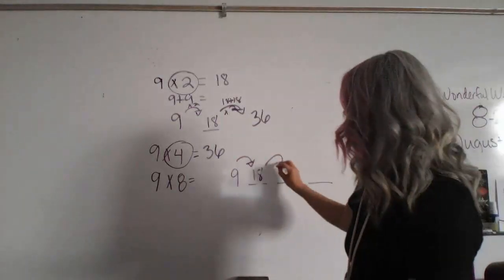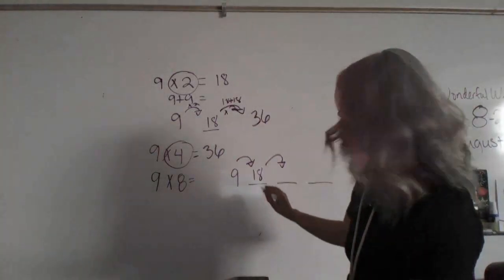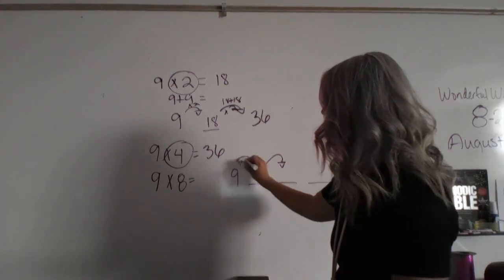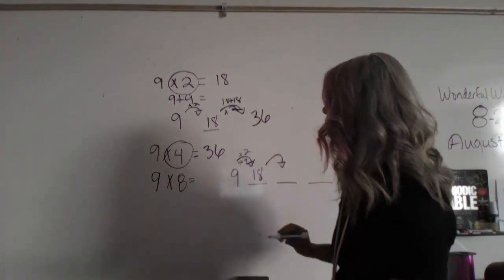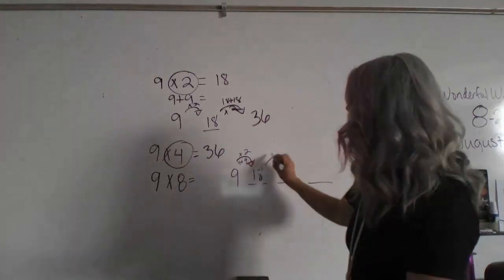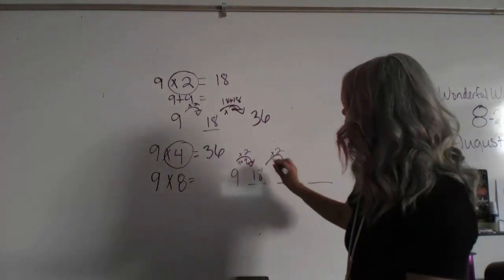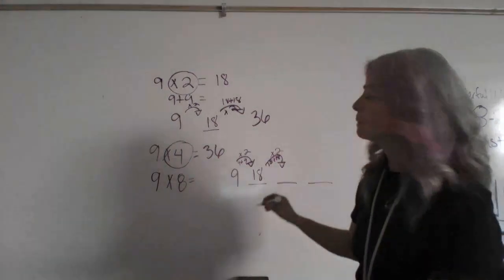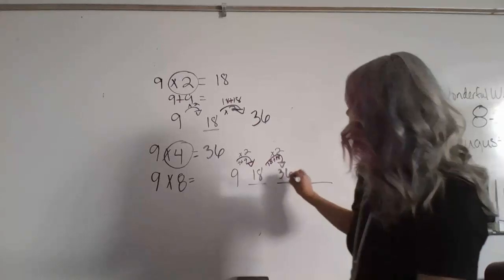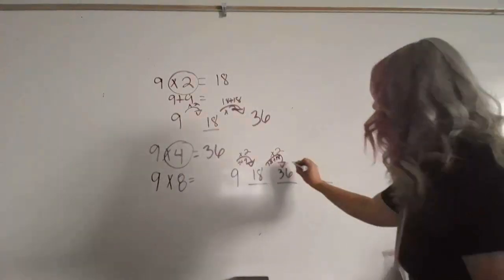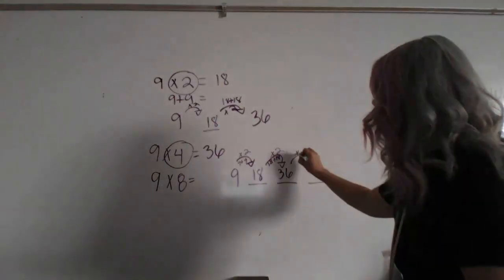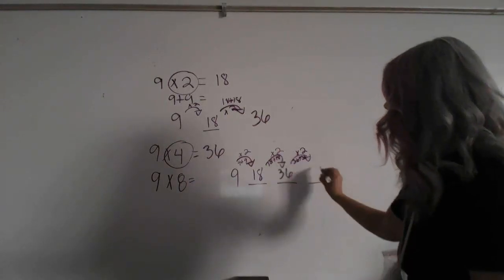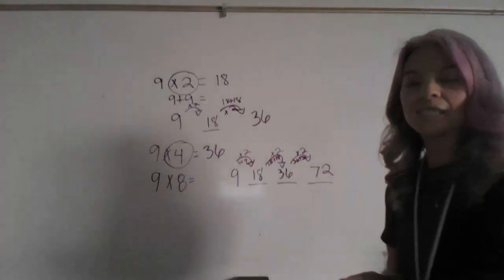I take 18 and double that. 9 plus 9, which is 9 times 2, is 18. Then 18 plus 18, that's why it's called double, double, is 36. And then I'm going to double that one more time. So I have 36 plus 36, and that's 72.